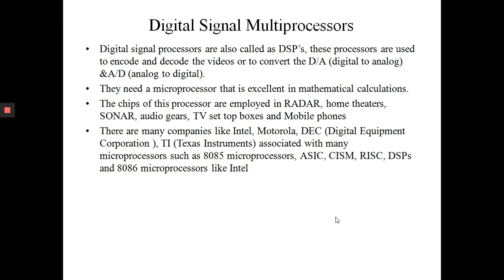The chips of this processor are in radar, home theaters, sonar, set-top boxes, and mobile phones. There are many companies like Intel, Motorola, Digital Equipment and Instrument associated with many processors such as 8085 processors, ASICs, CISC, RISC, DSPs, and 8086 like Intel.